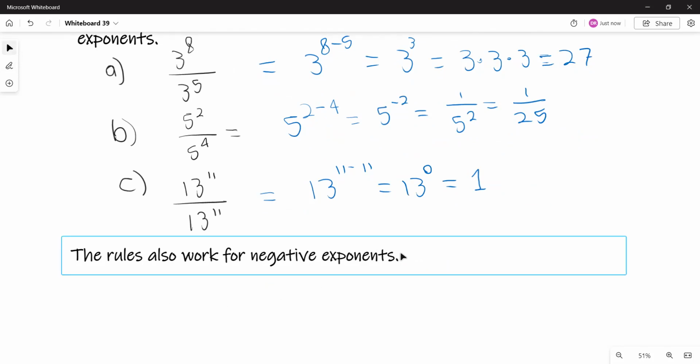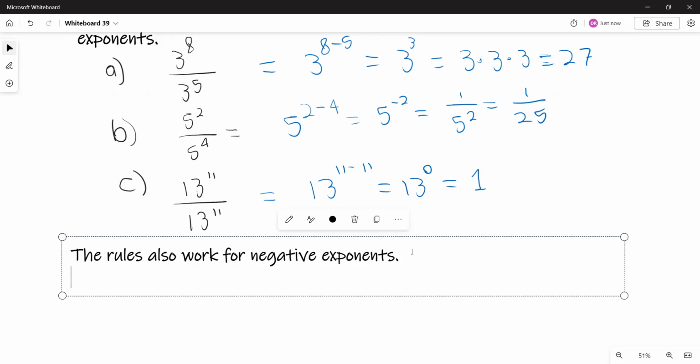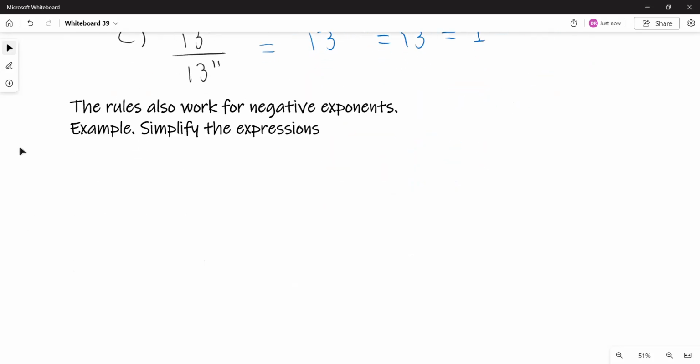We're going to simplify the expressions. First expression is 4 to the negative 3 times 4 to the 5th.